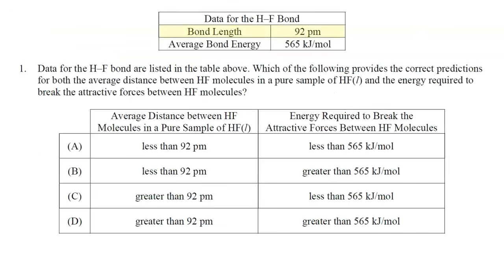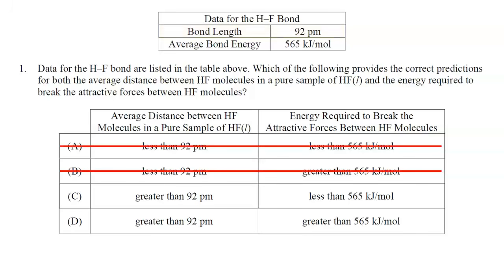So the bond length for the HF bond, again, that's a covalent bond between two atoms, is 92 picometers. We would expect the distance between HF molecules to be greater than that. So the correct answer to question 1 is either C or D, just based on the distance.